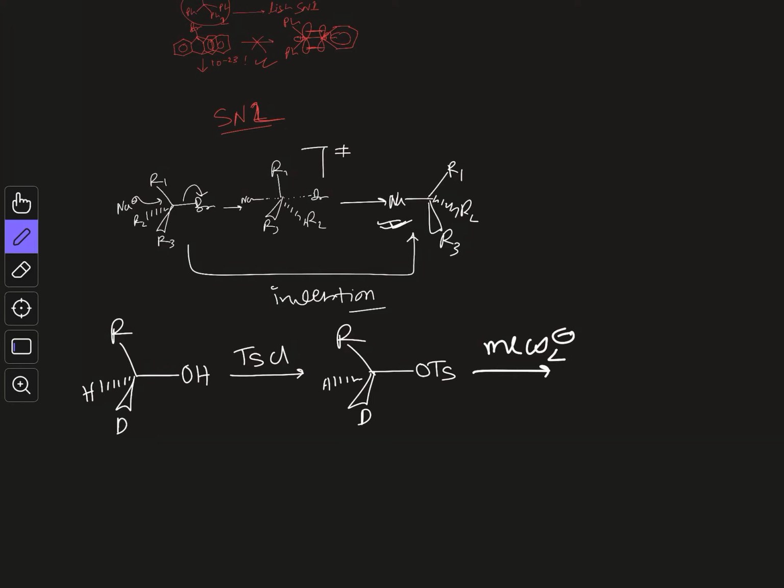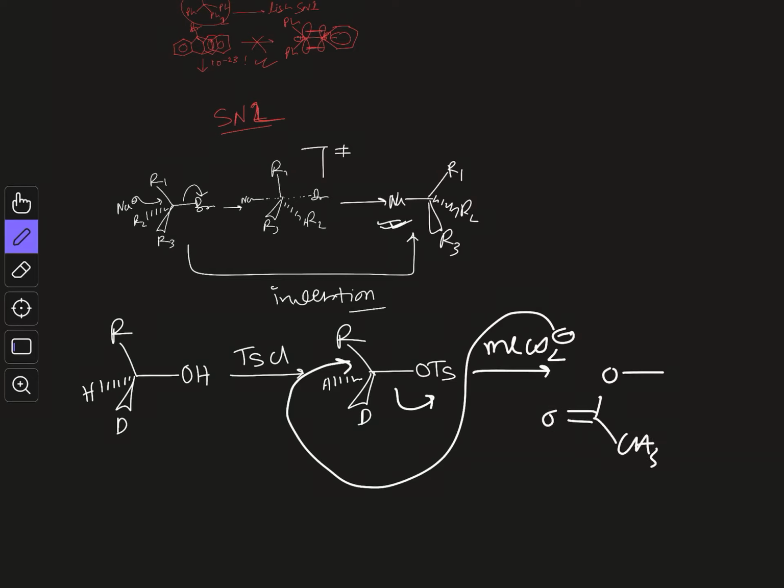So acetate anion will do SN2 reaction from the back side. So from here it will attack and it will go. So whatever we will get is OCO-CH3. So this is our nucleophile, and we will get inversion over here. So now we will have hydrogen over here and deuterium over here.